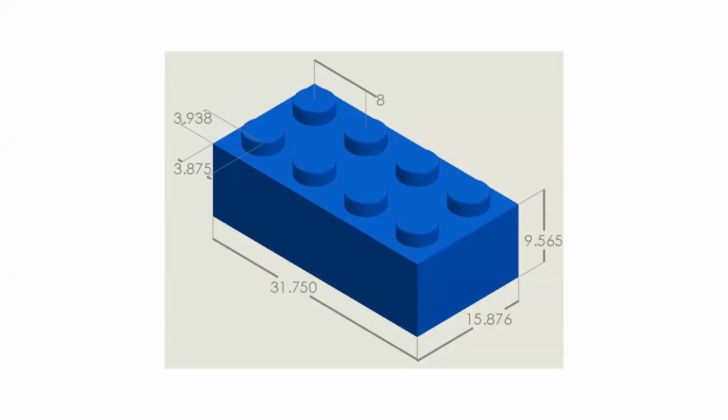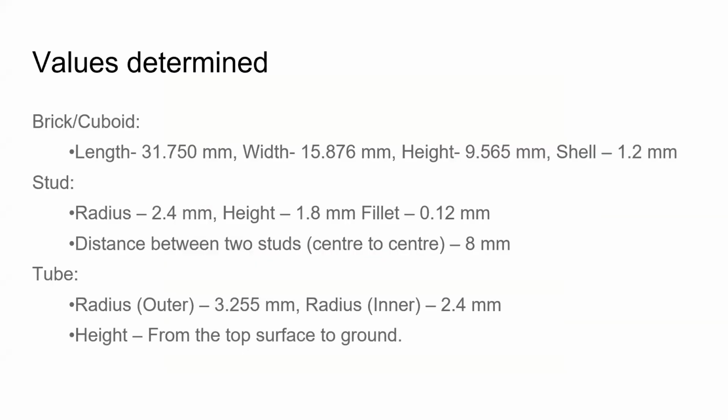So the brick was identified. The outer shell of the brick was identified because the interior features were yet to be confirmed. So these were the dimensions we found, and the length is as shown.